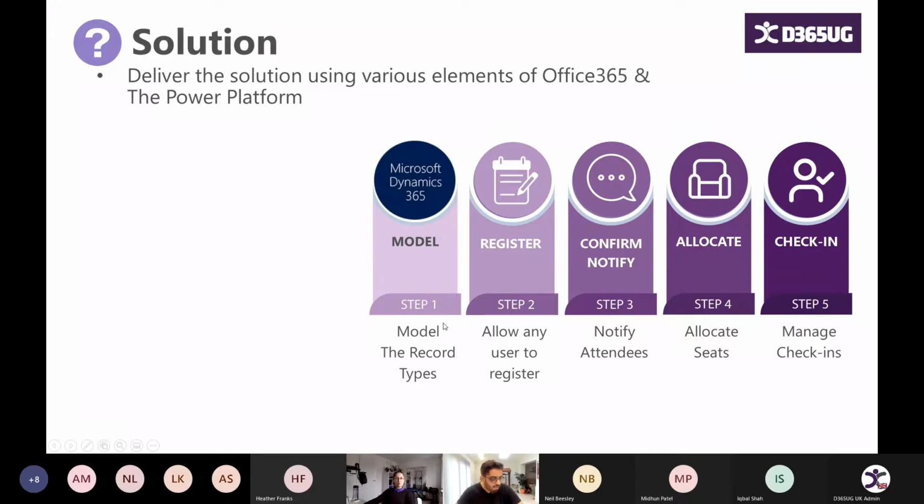For the model, I used Model 365 or CDS, and created the entities in CDS to record the information: attendee information, events, and the registrations. For the registration process, I thought the best way would be to use Microsoft Forms or Customer Voice, because you just send a link, whether they have a 365 or Office 365 account or not, it doesn't matter. They can still use the form and submit.